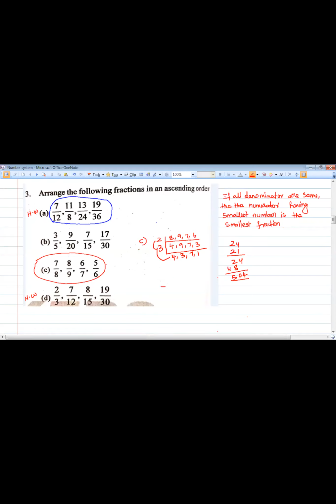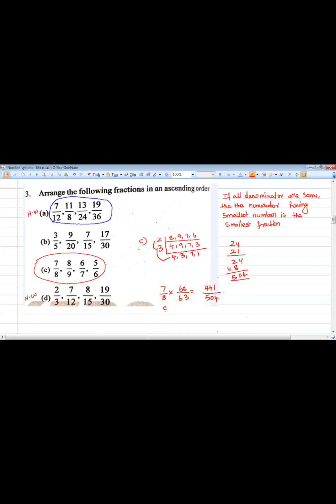Number 1, 7 by 8, into which number will you multiply? Here itself you can do it by mental math. 6 8s are 48, 3 8s are 24, into 63. Very good. So what is 7 into 63? 441, that is 441 by 504.